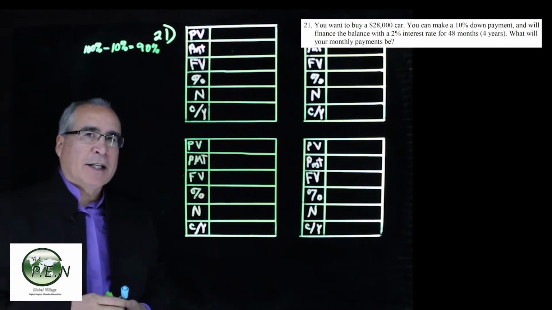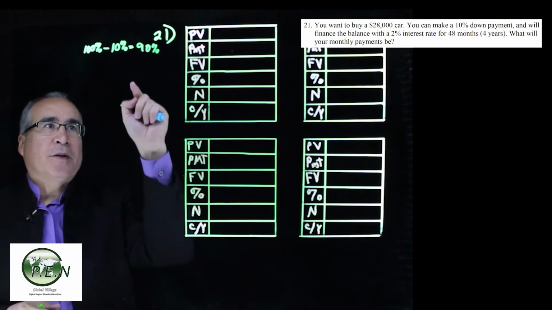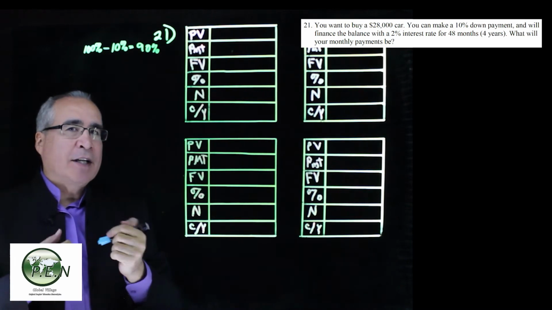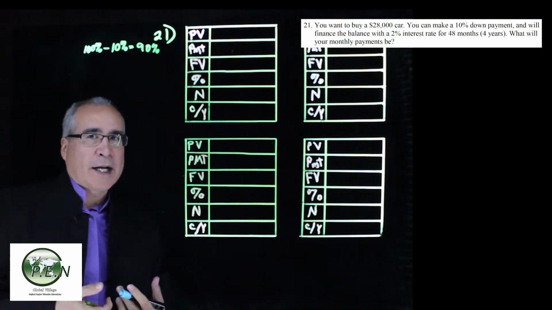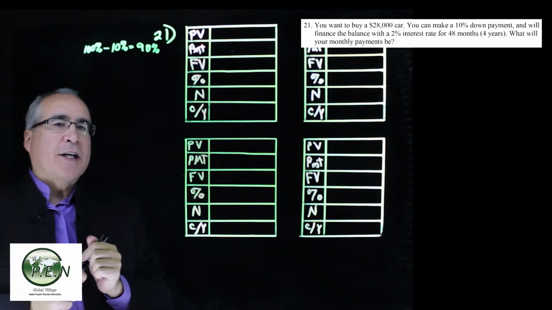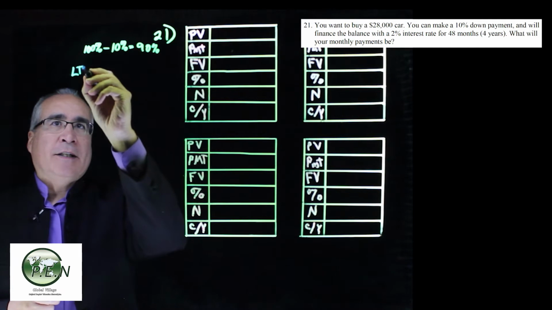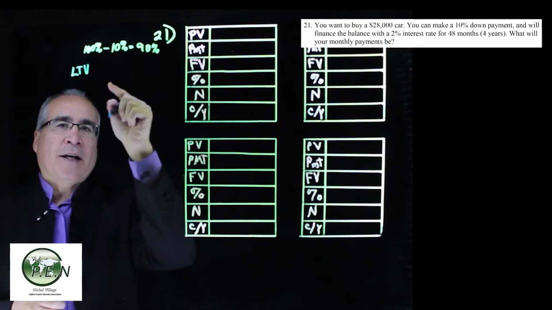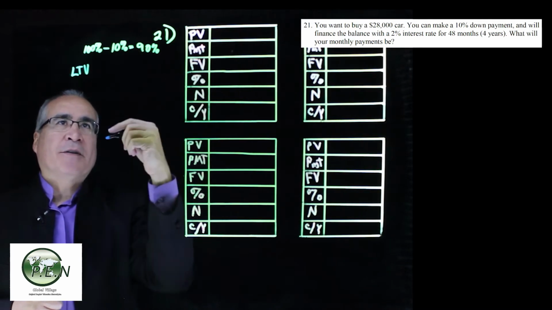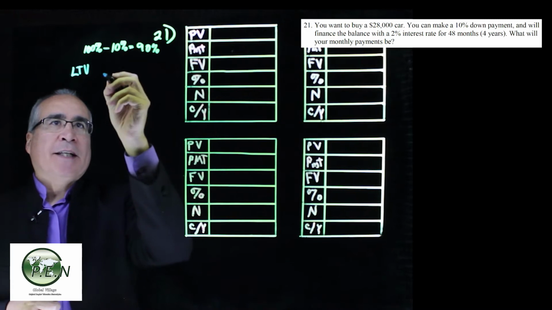This will help us calculate things quicker. What we're going to calculate is not what our down payment is and then subtract it. We've already done the subtraction part here. We're going to calculate what they call LTV, loan to value. How much loan can we get for the value that we're putting in here?